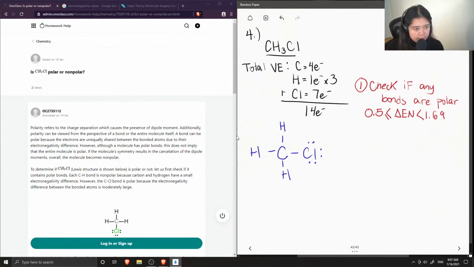Okay, so we need to see if any of the bonds are polar. First, let's look at the electronegativity difference between a carbon and a hydrogen.